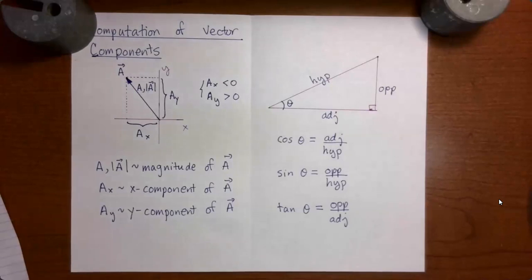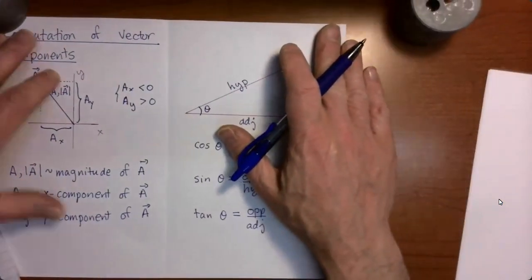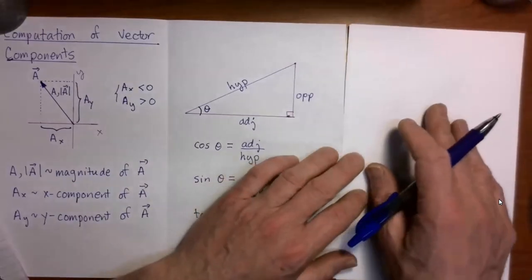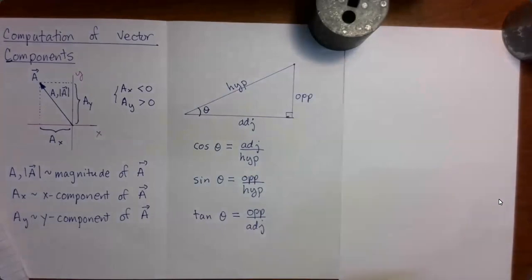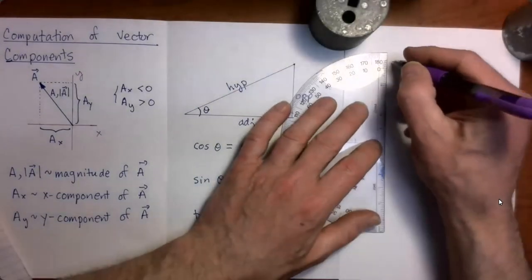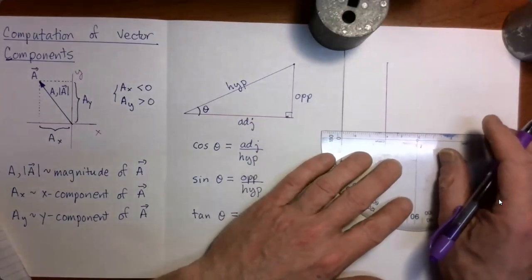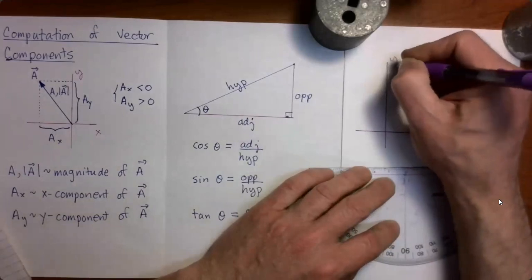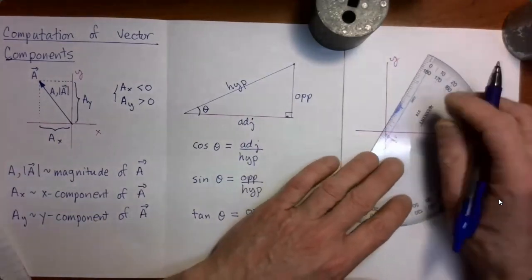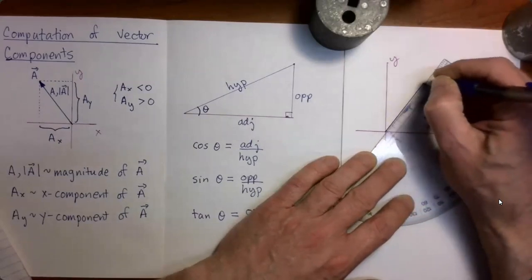Okay, so now we are ready for our first computation involving a vector. I'm going to start by just drawing some Cartesian axes, X, Y, and I'm going to draw a vector A which points into the first quadrant.